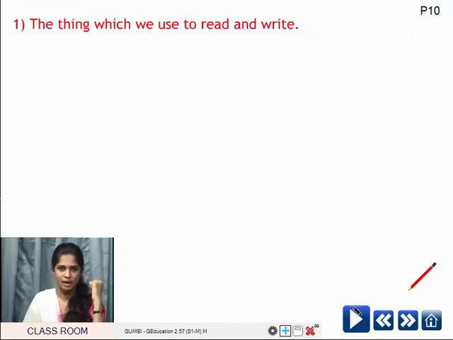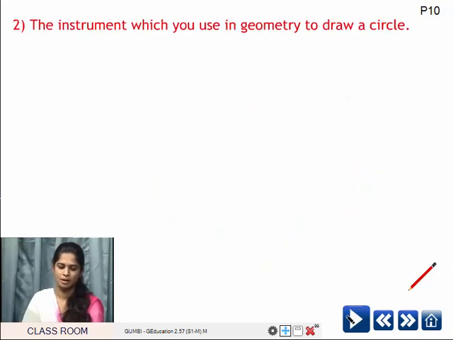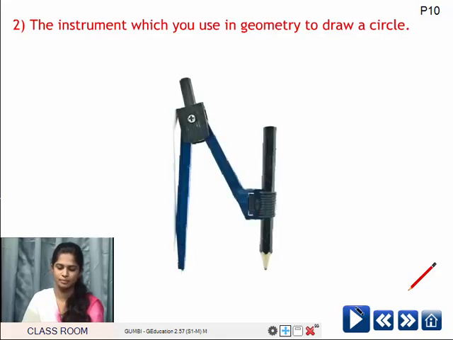So here, one thing I'll do here, the thing which we use to read and write is textbook. The instrument which you see in geometry to draw a circle is compass, right? So in today's class, you have learnt that is how to draw the picture. That is mainly by your listening skills. You are so good in listening.